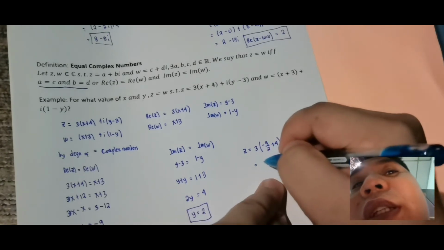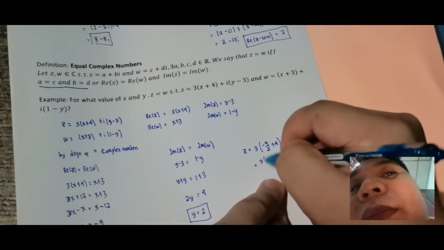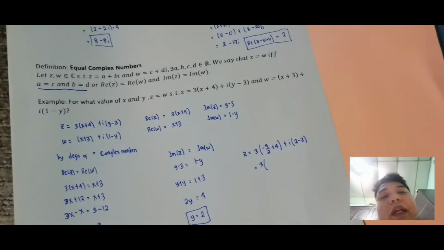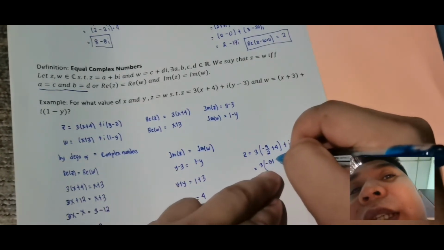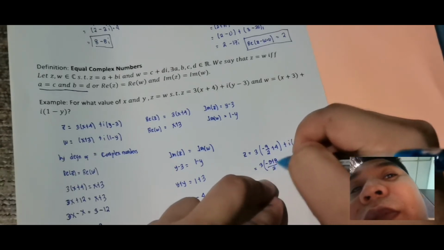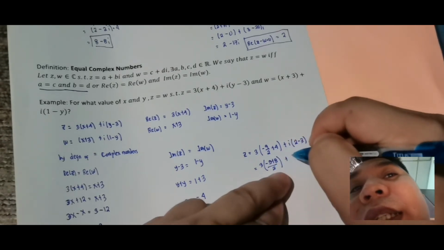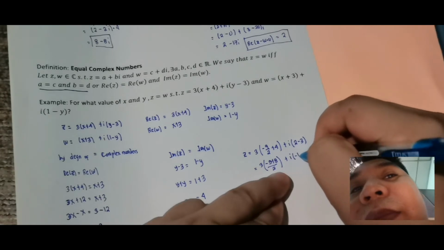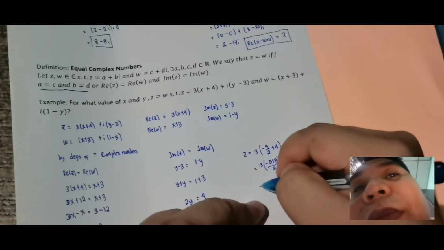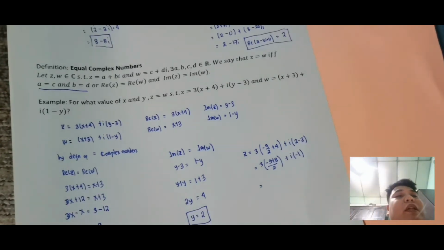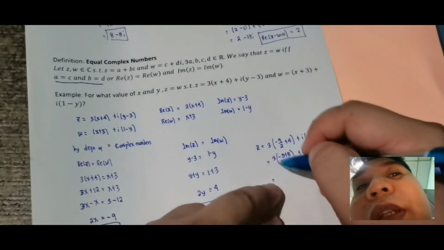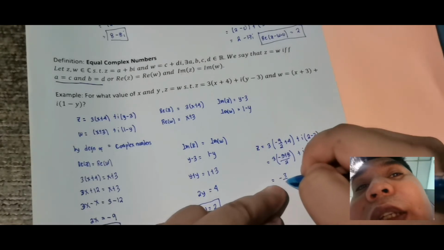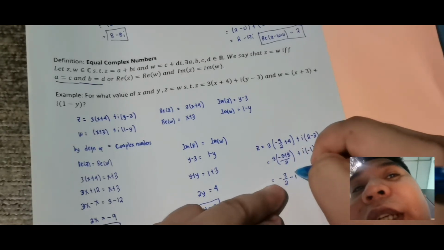Okay, so this is equal sa 3 multiplied by, add tayo ng fraction sa whole number, that is negative 9 plus 8 over 2, then plus i times negative 1. So, simplify, this is negative 9 plus 8, that is negative 1. So, that is negative 1 half. So, that is negative 3 over 2 minus i.